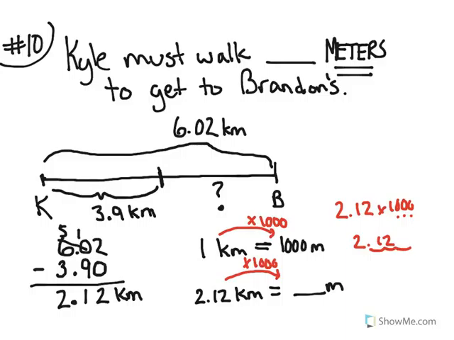I multiplied by 1,000, so I want to make sure that my number is going to be bigger. And if I move my decimal point from here to here, I would end up with 2,120, which definitely is bigger than what I started with. So I now have my answer. Kyle must walk 2,120 meters to get to Brandon's.